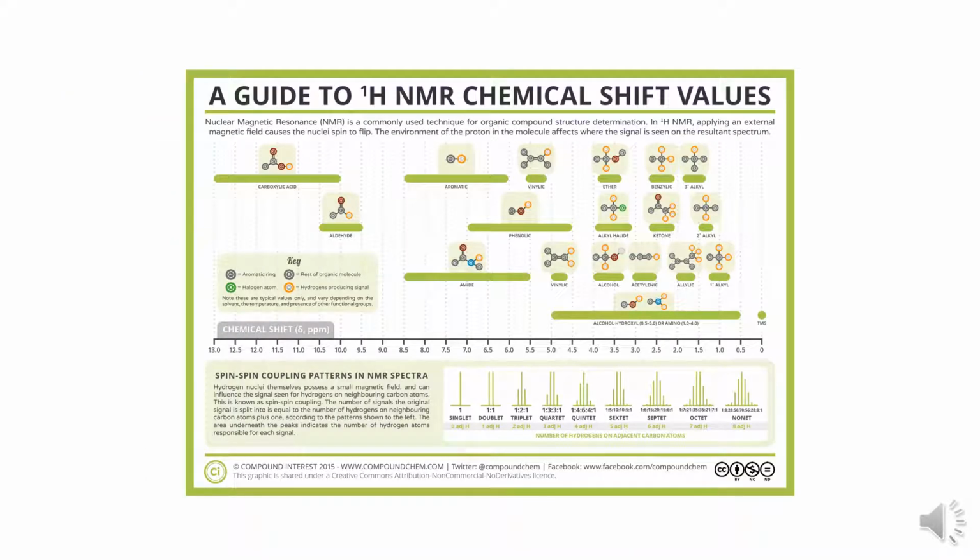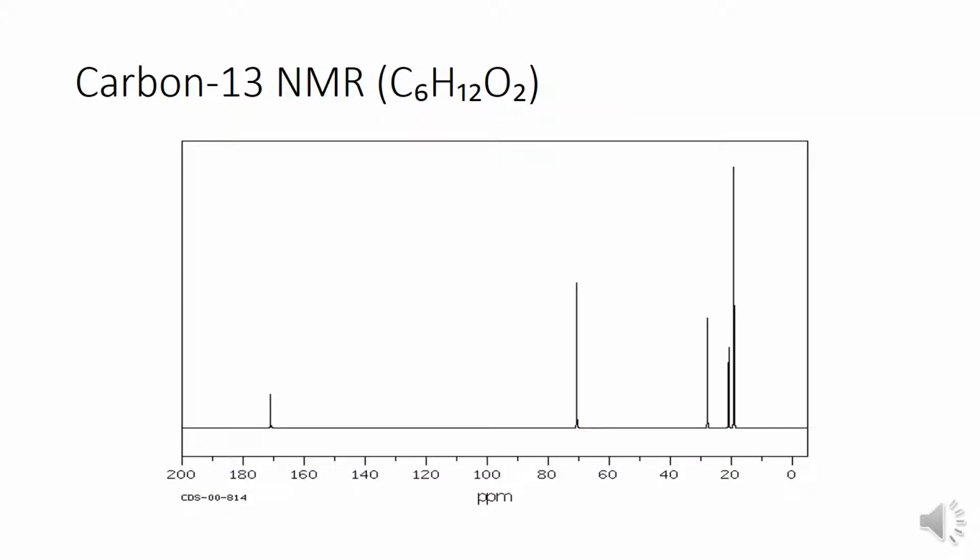This is a chemical shift guide to proton NMR. Numbering our peaks. So here on the far right, 1, 2, 3, 4, and 5.